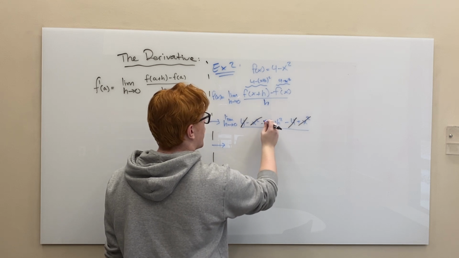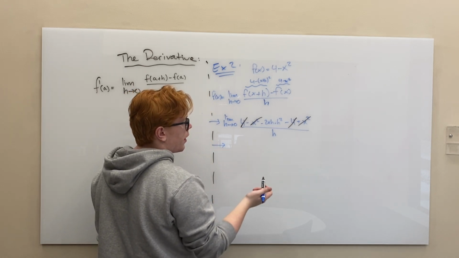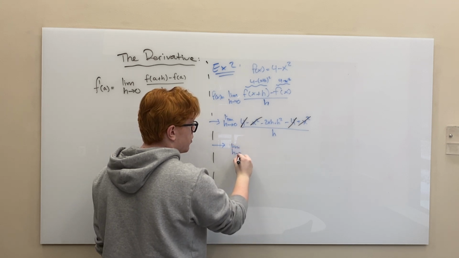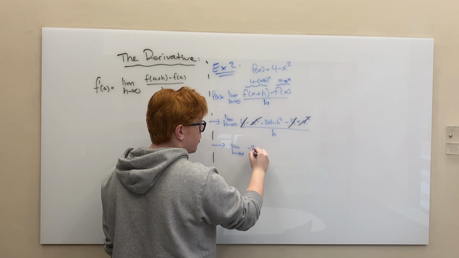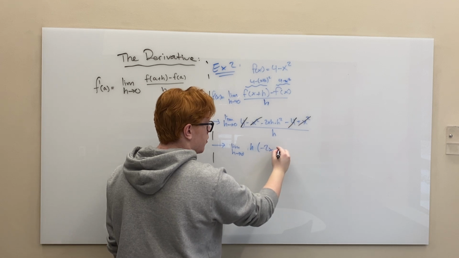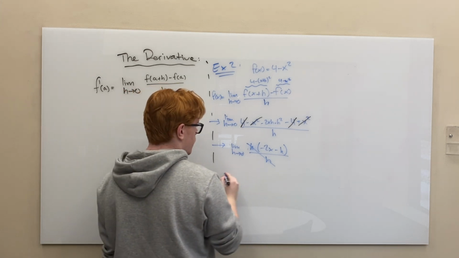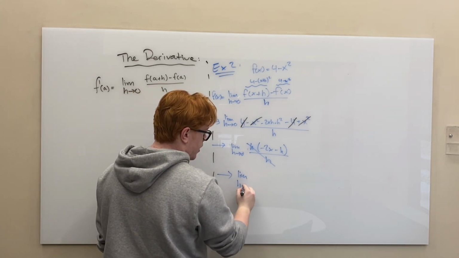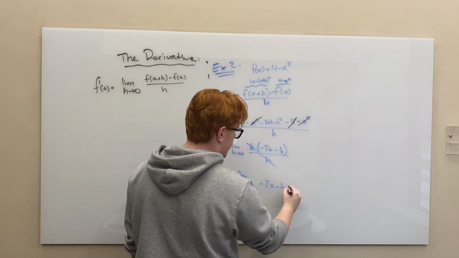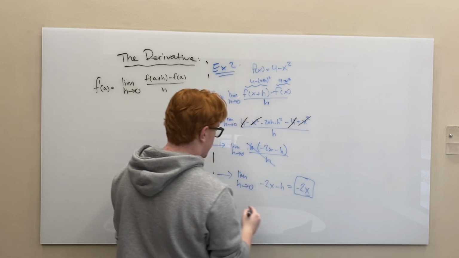This is going to be minus and minus. Okay, there we go, maybe that's what I did wrong. We're now going to have the limit as h approaches 0 of negative 2x. In fact, we'll pull the h out. So h times negative 2x minus h. That cancels out, and so we have the limit as h approaches 0 of negative 2x minus h, which of course is just equal to negative 2x. And this is correct.